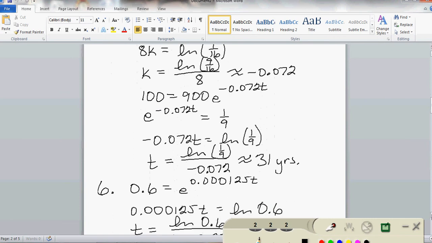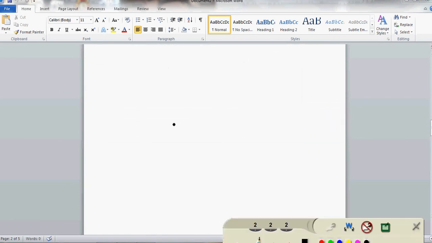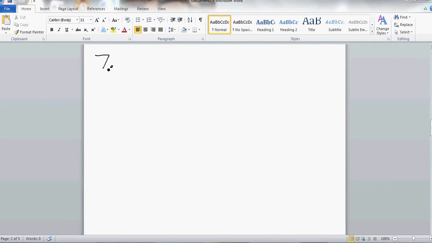Example number 7. So once again, realize none of these problems are majorly different than what we have. It's just a matter of setting them up. Okay. We're actually given a function, so those are pretty nice. 2700 e to the negative 0.02t, and t is measured in years.